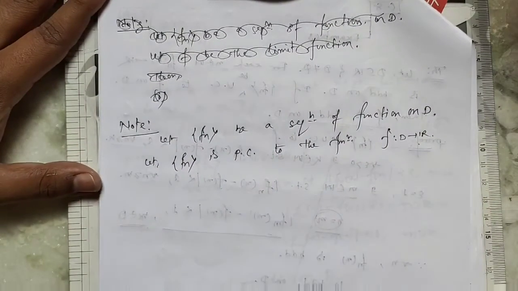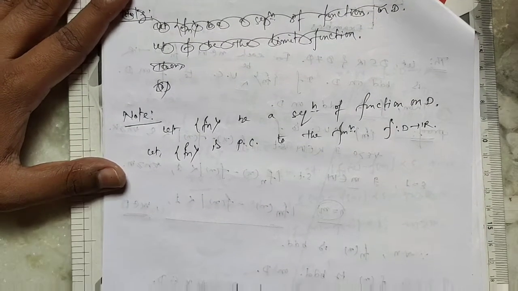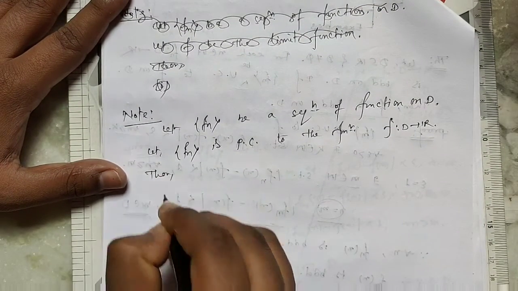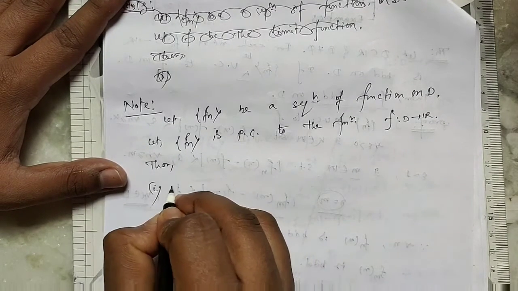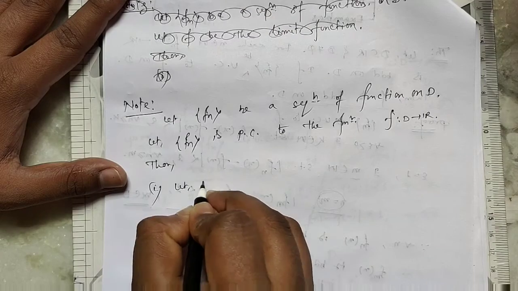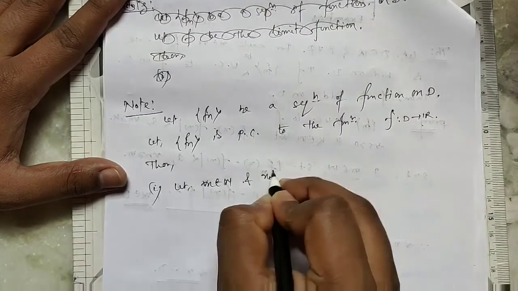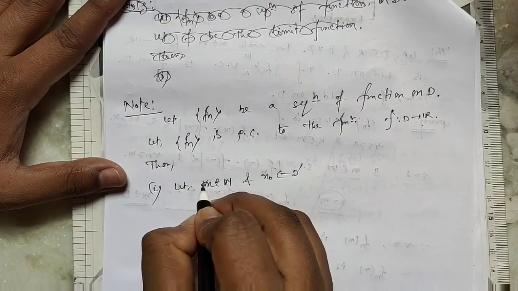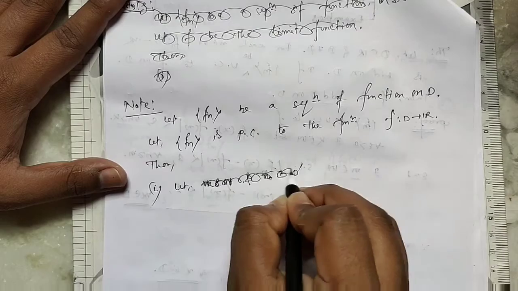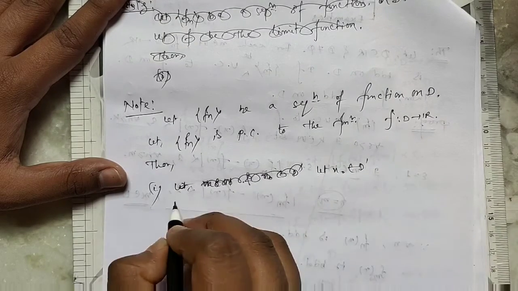Then, number 1: for all n belongs to N, let x0 belong to D dash.